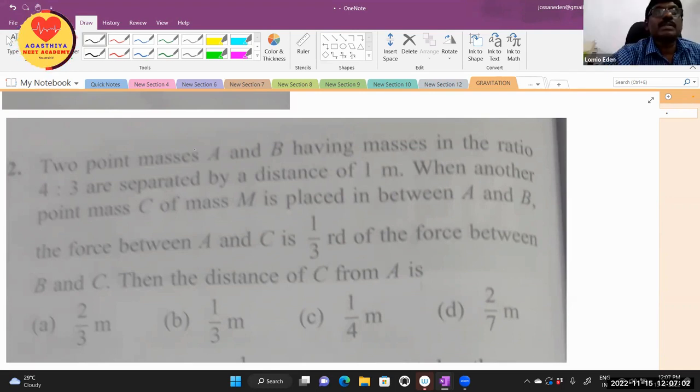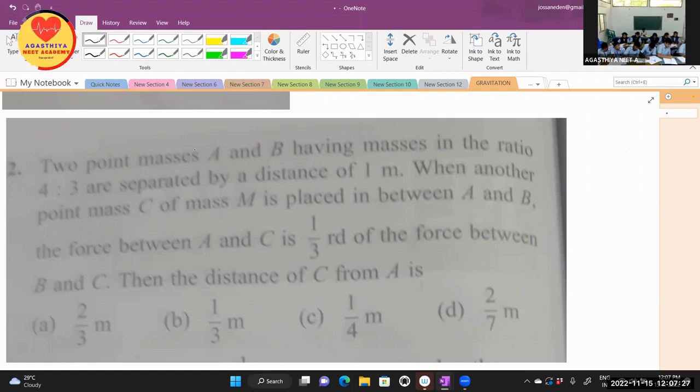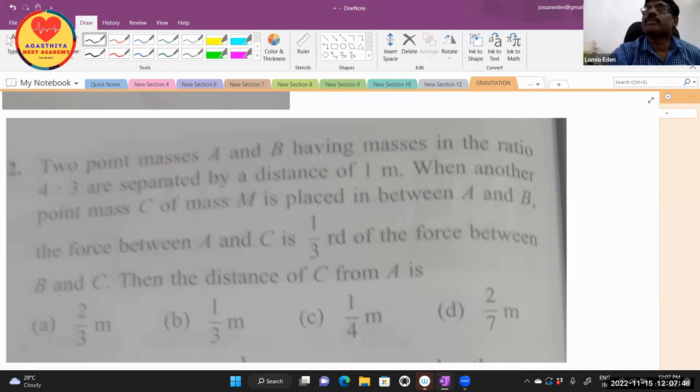When another point mass C of mass M is placed between A and B, the force between A and C is 1/3 of the force between B and C. Then the distance of C from A is? How to find this answer?